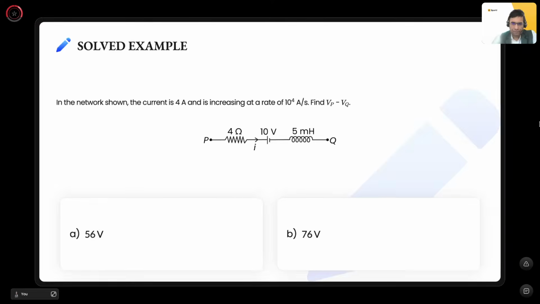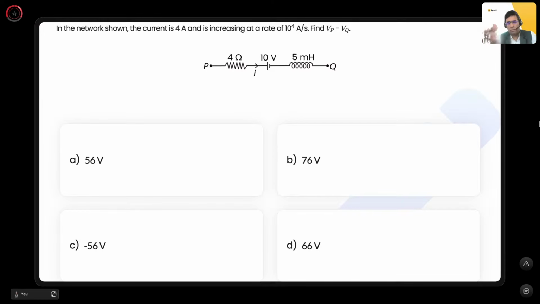नेक्स्ट क्वेश्चन, अगेन मैं भूलता हूं हर बार ये, दिस इज अ वेरी इंपॉर्टेंट क्वेश्चन, नीट का फेवरेट है, वेरी हाई चांसेस की पूछेंगे. ठीक है, तो वी हैव टू जस्ट अप्लाई द केवीएल, किरचॉफ वोल्टेज लॉ ओवर हियर. सो VP minus 4 into I is 4, minus 10 minus L dI by dt, क्योंकि करंट इंक्रीज हो रहा है. तो 5 into 10 to the power minus 3 into dI by dt is 10 to the power 4, is equal to VQ.